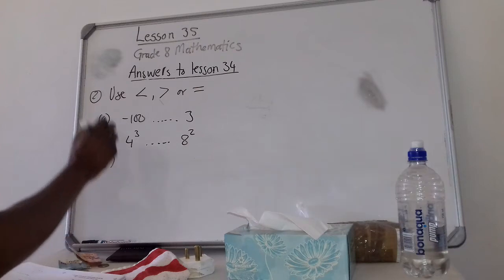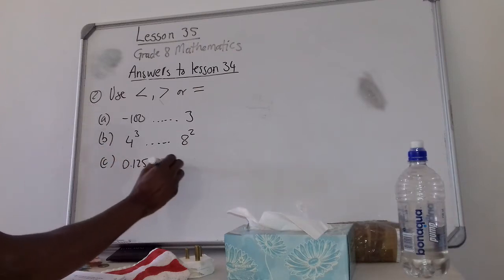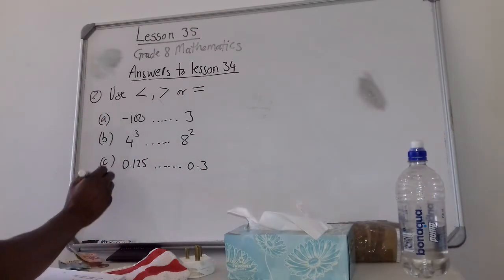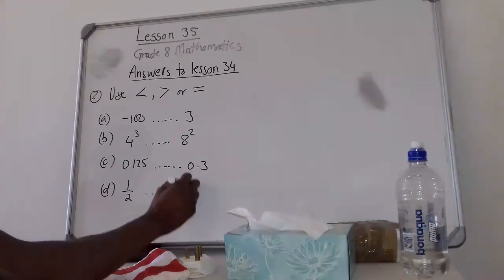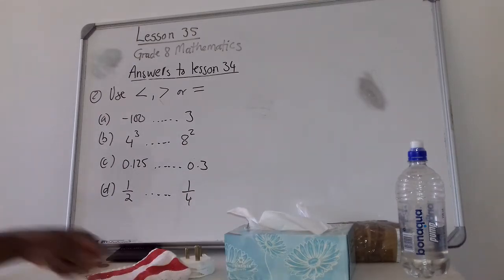In C, you are given 0.125 and 0.3. And the last one, you are given 1/2 and 1/4.